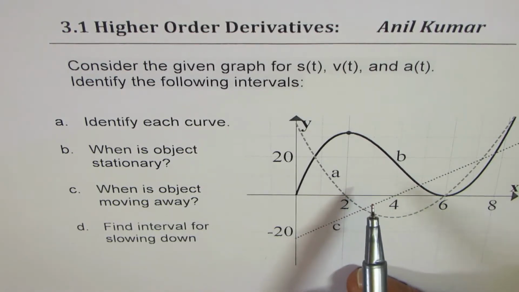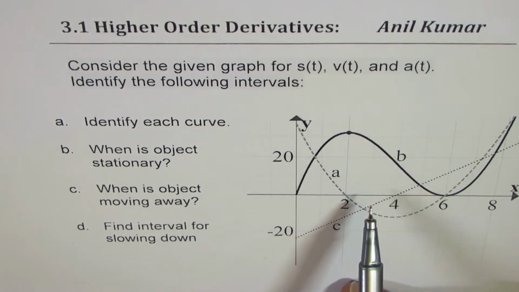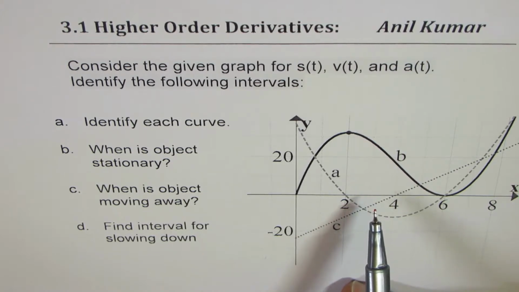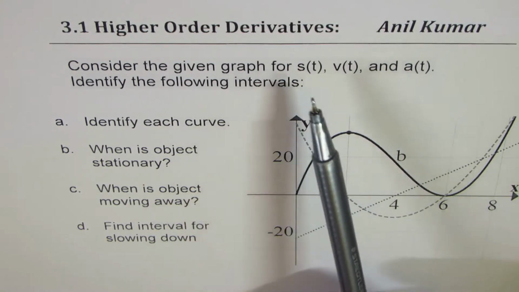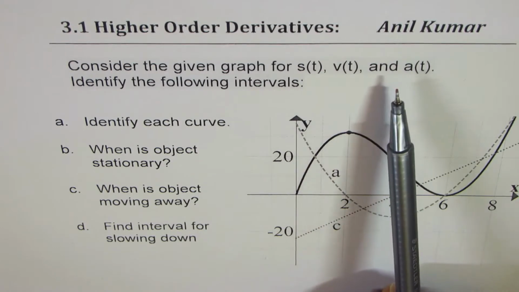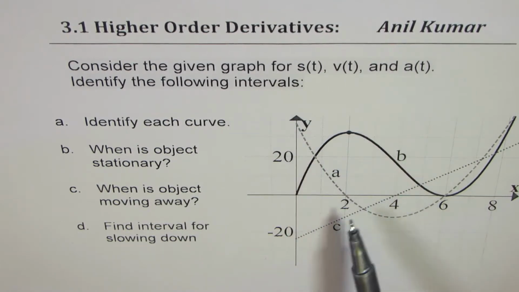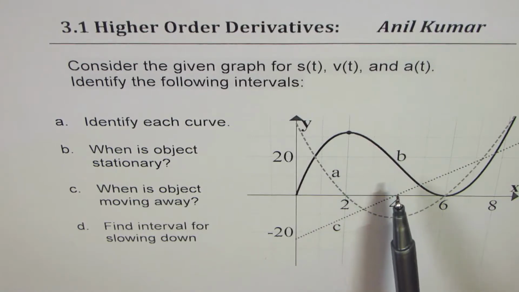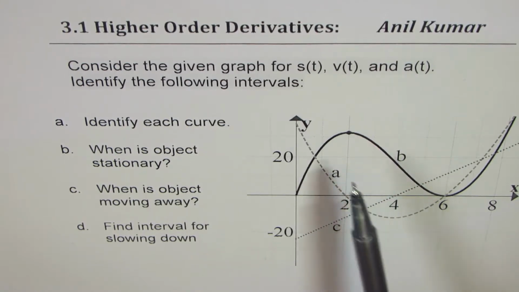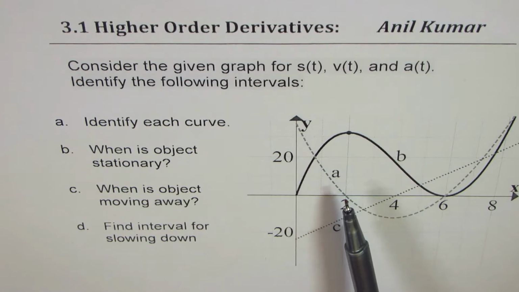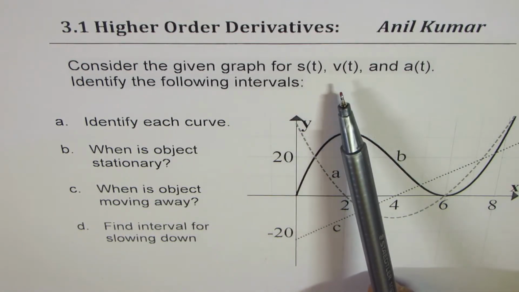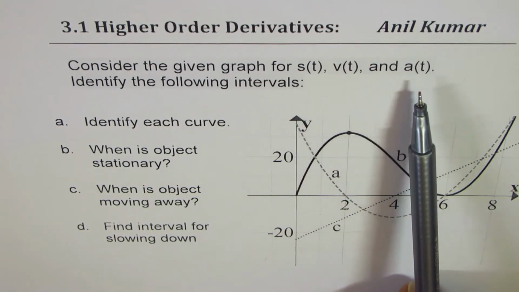Now, this is one of the most important parts of higher order derivatives, where the application is related to velocity and acceleration. So the first part is that we have 3 different graphs given to us. How do we identify which one is for displacement, which one is for velocity, and which one is for acceleration?